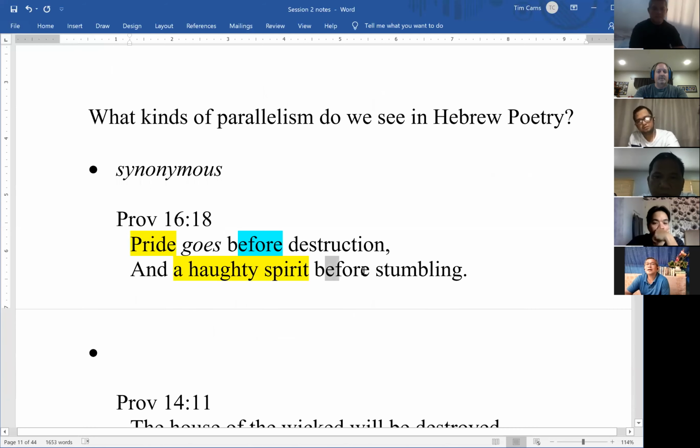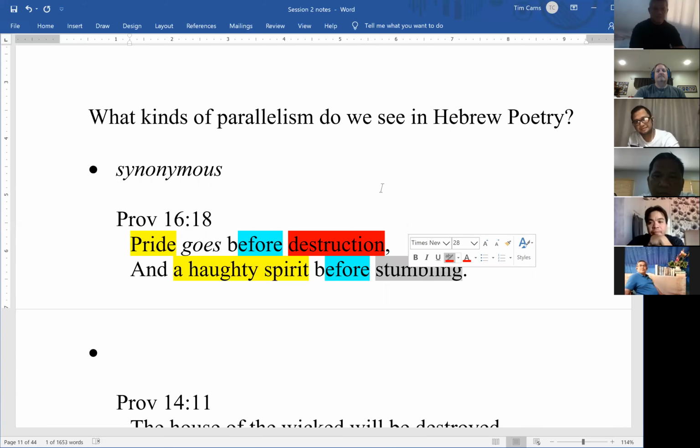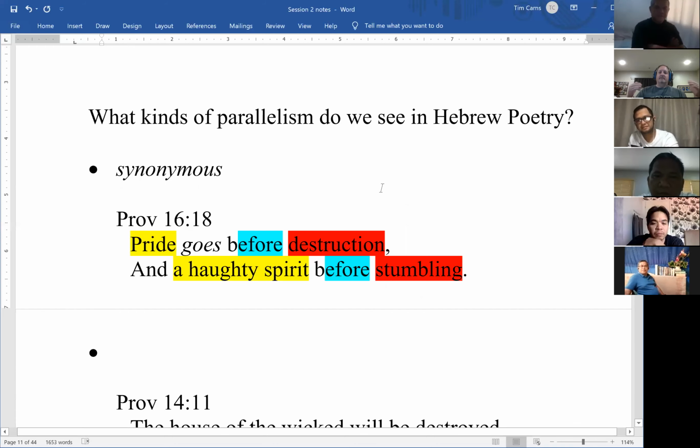And then we have the same word here, before. And then we have destruction in parallel with stumbling, in red. That's a very clear parallel statement. He's basically saying the same thing twice, but he's using other synonyms for emphasis to reiterate. So that one's pretty straightforward.